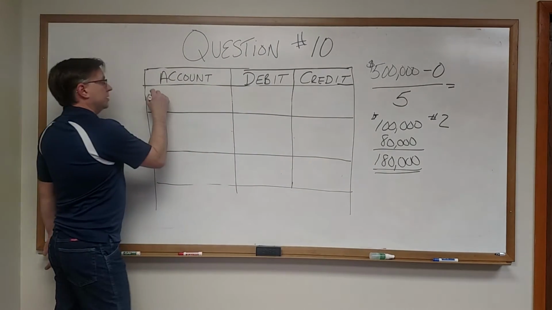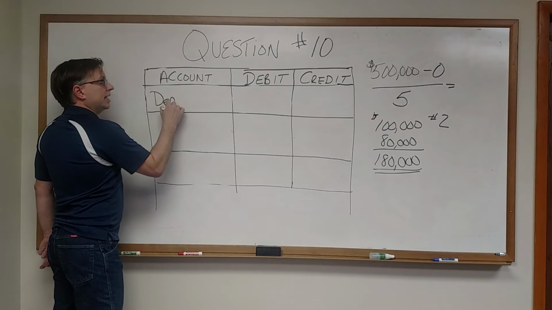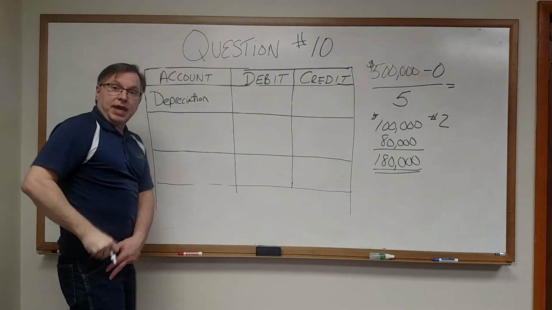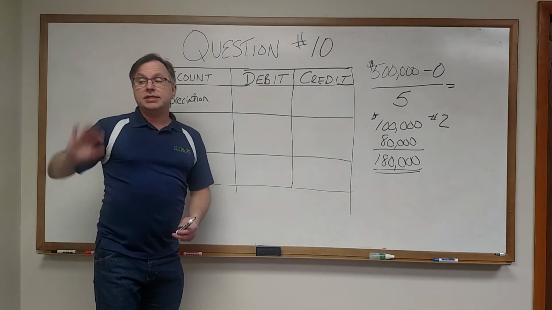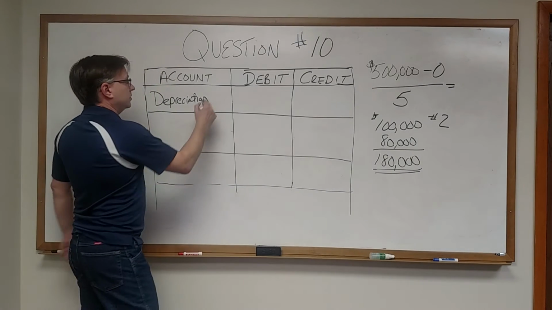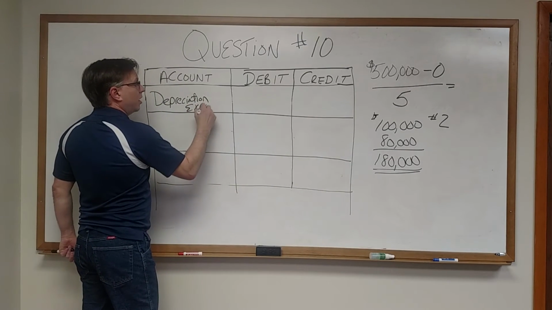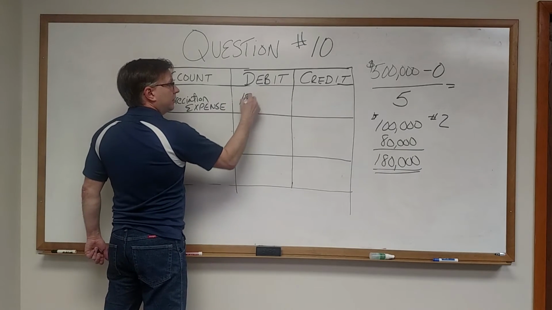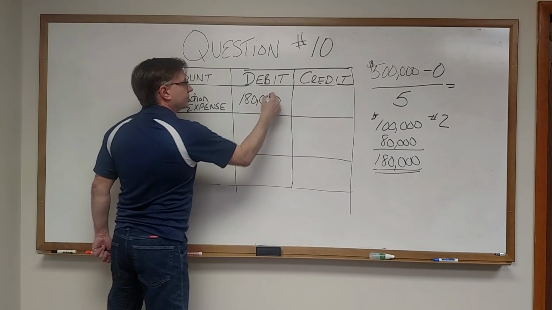So depreciation is treated like an expense. It's not an expense that we pay for, and it's an expense that we paid for previously, but we get to deduct now. So that depreciation expense, all expenses are debited to increase them for $180,000.